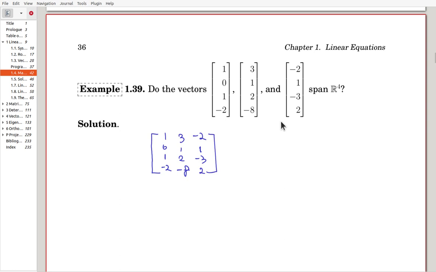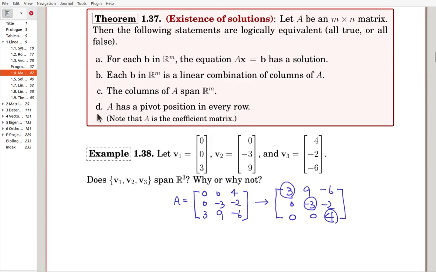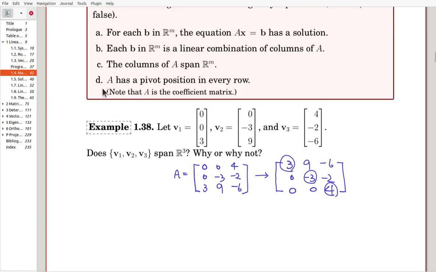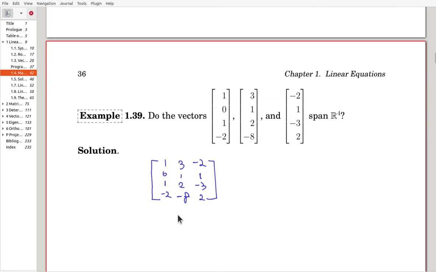For this question, we can answer easily even without doing any further computation. If we try to check statement 4, then this must be false for this matrix, because it requires a pivot position in every row, but there are only 3 columns, so the maximum number of pivots must be 3.